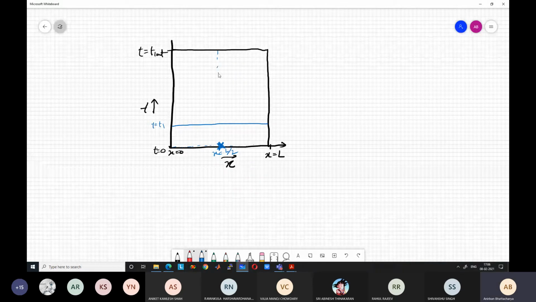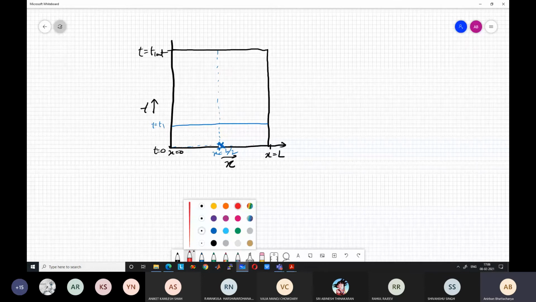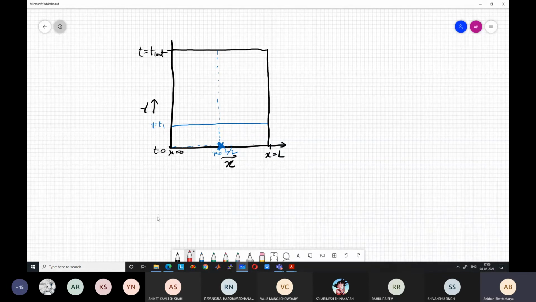This is very important. Please pay attention. The drawing may not be very accurate, I hope it will convey the meaning. So what is the location? This was the initial location of the disturbance in the x direction, at x equal to L by 2.